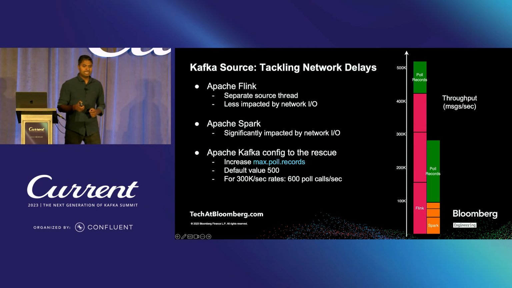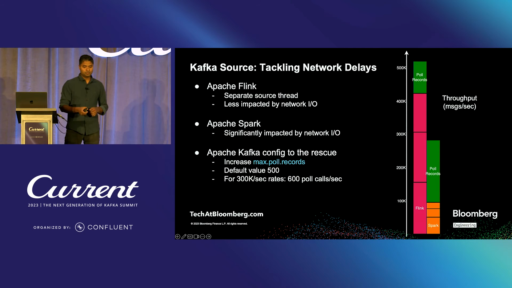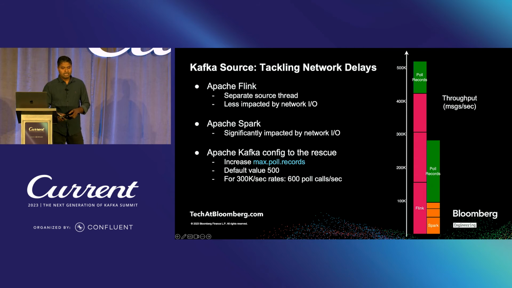So in order to get the same results when consuming either from a remote data center or a local data center, we simply had to change some of the Kafka configs. In this case, it is max poll records. Consumers use this configuration to fetch bulk data in batches and also repeatedly poll the Kafka broker to keep the connection alive. And the default value for this is 500.